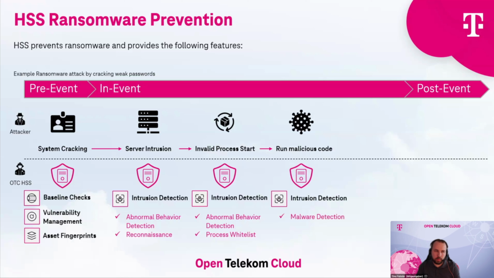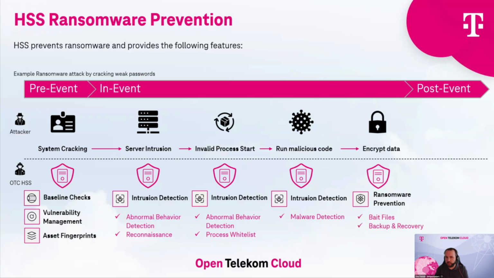The next thing is, the attacker wants to run the malicious code. So he has deployed his malware and wants to run it. There we have the intrusion detection again with the feature of the malware detection. So HSS is detecting your malware and then isolating it. Next thing, when it would be run successfully, the ransomware would start, for example, to encrypt your data.